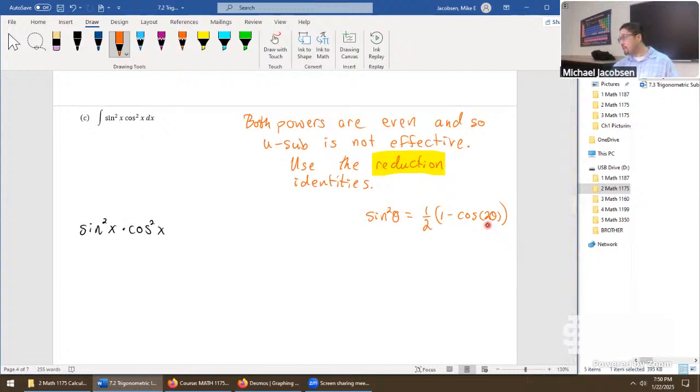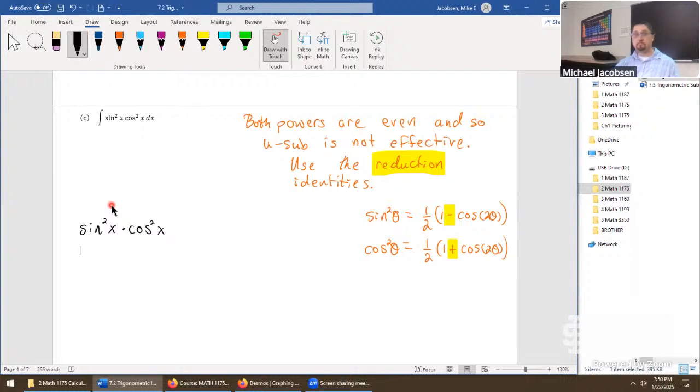And the next one for cosine squared, I like these because they are highly similar. It really helps the brain to memorize these. 1 plus cosine 2 theta. Only difference between these two identities is the sign in the middle. So memorize one, know the trick to get to the other, and this is a great way to absorb that information.